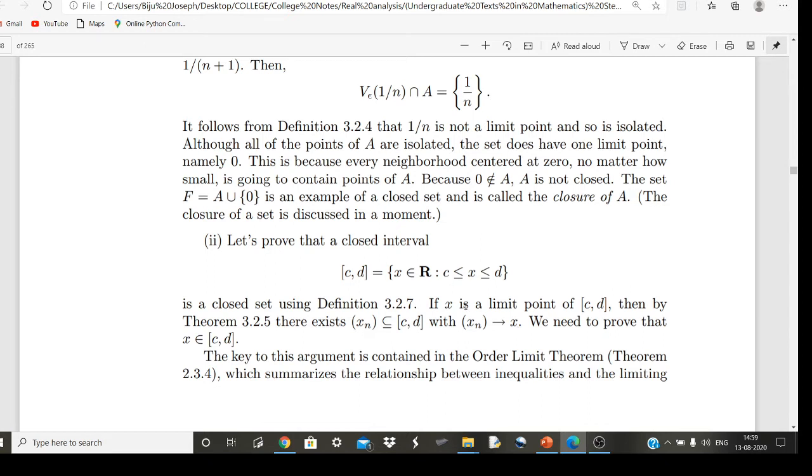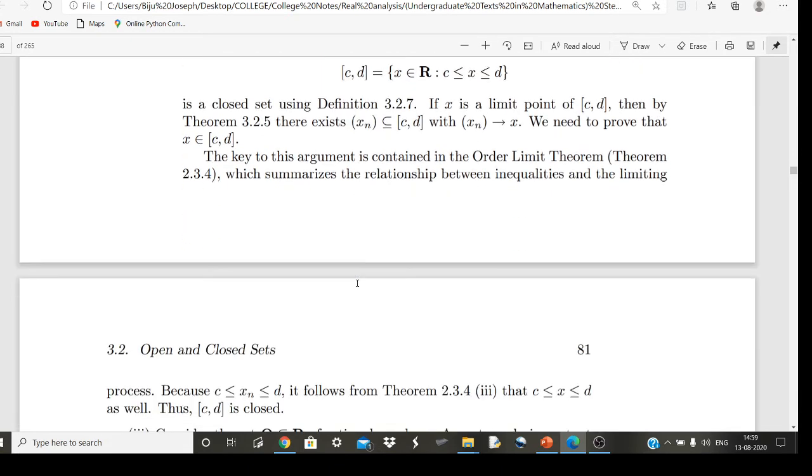Now we have to show that x belongs to the closed interval [c, d]. Since x_n lies between c and d, we have a previous result. Using that we get that x also lies between c and d. It means x is an element of the closed interval [c, d]. Therefore, the closed interval [c, d] is closed.